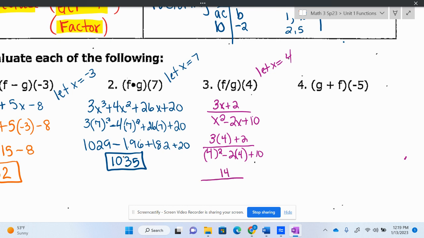Okay. 4 squared is 16. Negative 2 times 4 is negative 8. Plus 10 is 16 minus 8 is 8 plus 10 is, I think, 18, right? So can I reduce that? So 7 over 9.